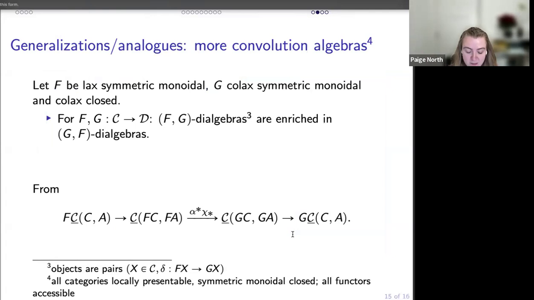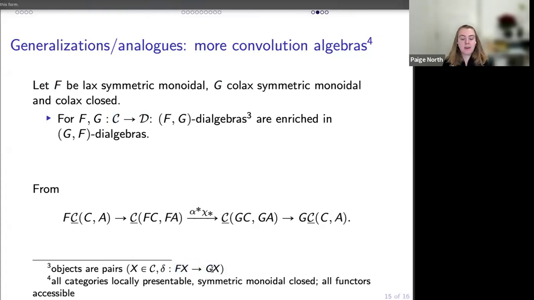First you can think maybe about dialgebras, which I only learned about by thinking about how to generalize this. For a dialgebra, we need two functors, two parallel functors. A dialgebra is an object X in the domain and a morphism from Fx to Gx.